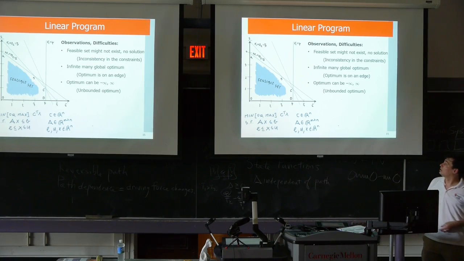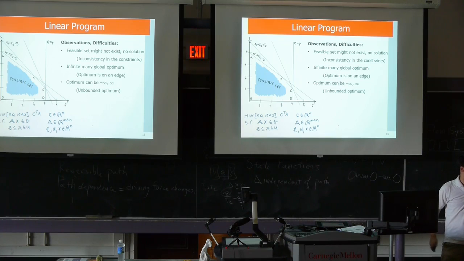And depending on the system you want to solve, the infimum can be minus infinity or plus infinity. So we need an algorithm that can handle all these problems. Question?